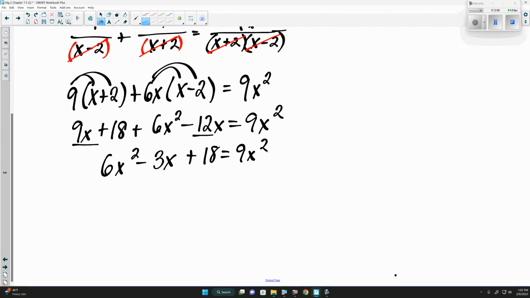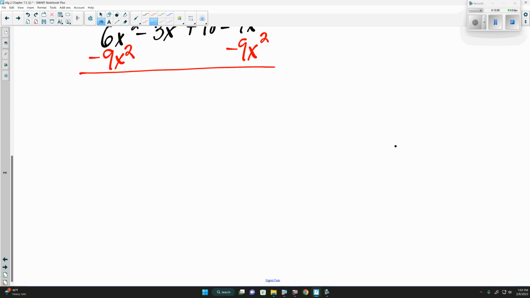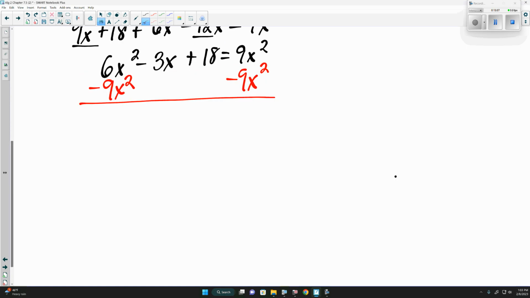Subtract 9x squared from both sides. And when we subtract 9x squared from both sides, we get negative 3x squared minus 3x plus 18 is equal to 0.